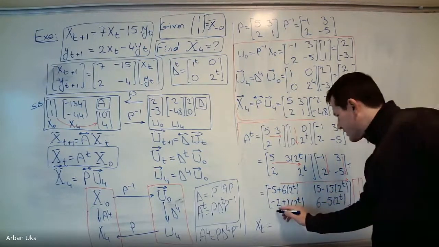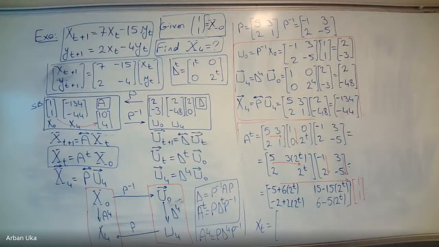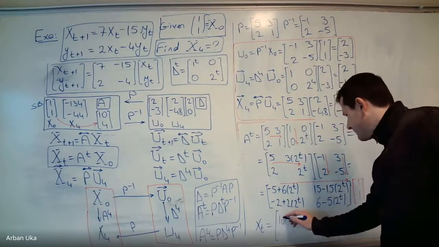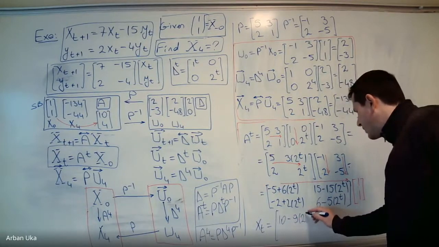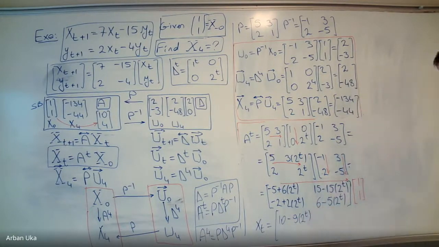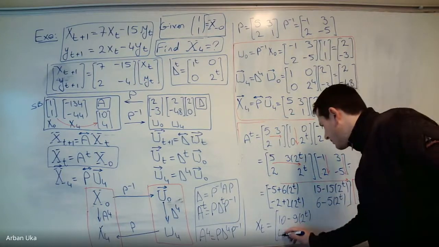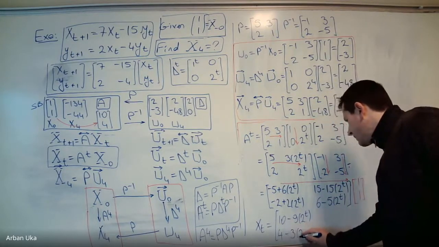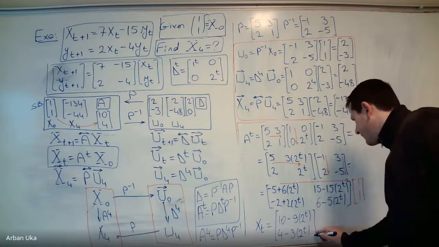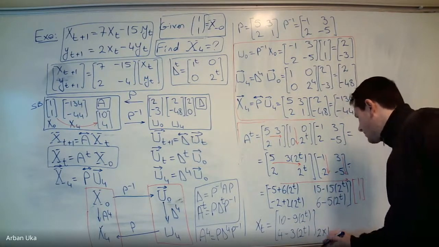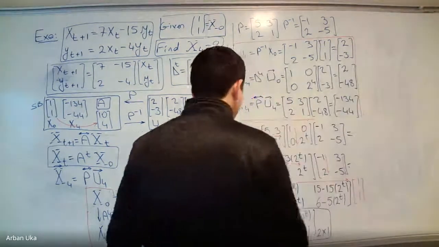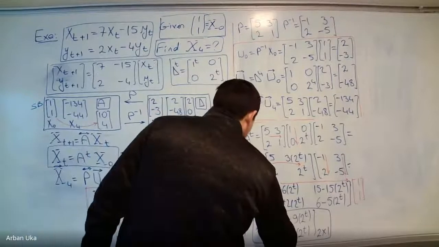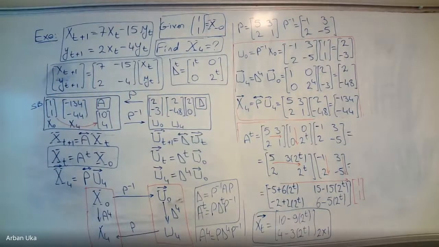So xt is going to be equal to 5 plus 10 minus 9 times 2 to the power t, and then we have 4 minus 3 times 2 to the power t. And this is a vector, 2 by 1. So this is the general solution of vector xt if we start from 1, 1.